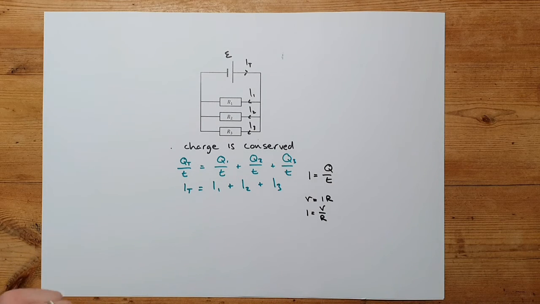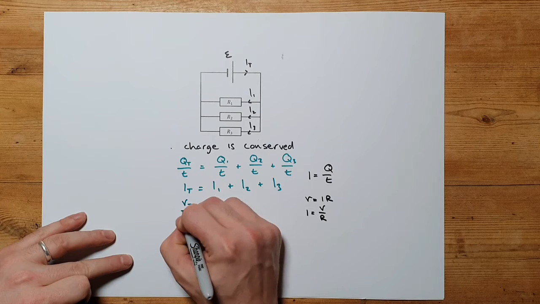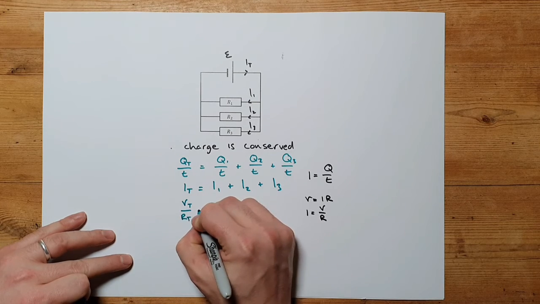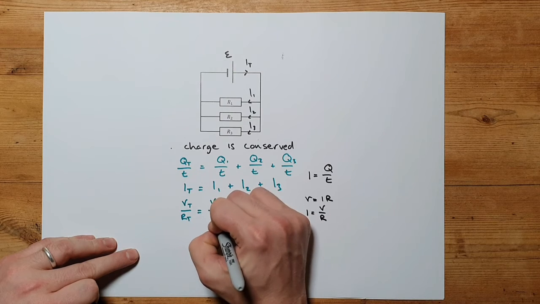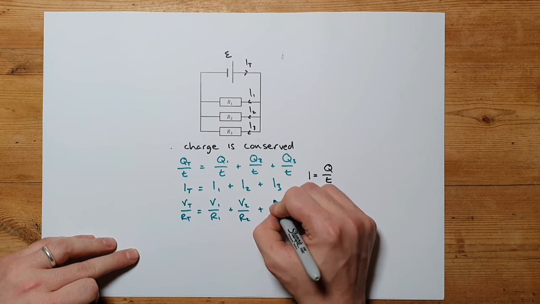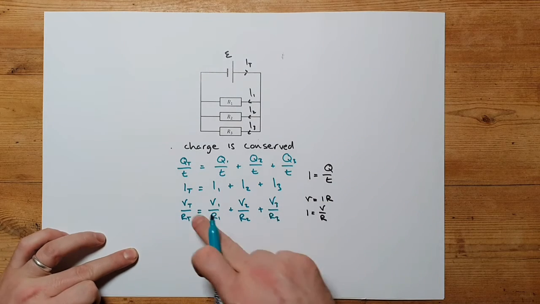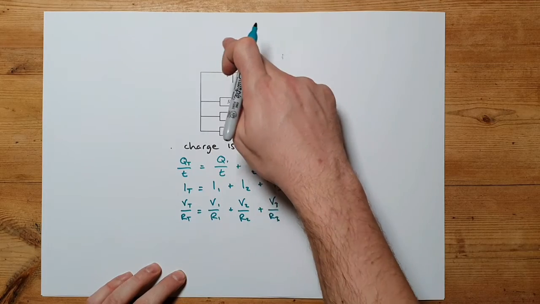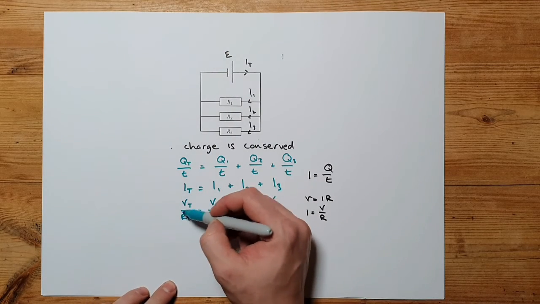So we're going to end up with V total over R total is equal to V1 over R1 plus V2 over R2 plus V3 over R3. Now the total voltage we're talking about here is the EMF, okay? So we could have written the EMF here.